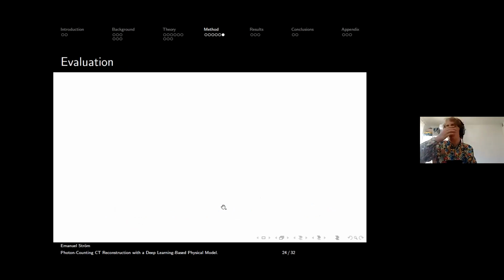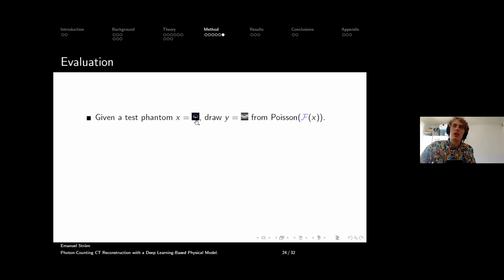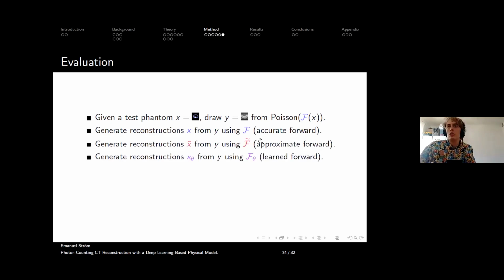Okay. And in order to evaluate this final physics model, we take some test phantom, and we do the same thing: we simulate the measurement by drawing from this Poisson distribution. And then we generate reconstructions, but not only using the learned forward operator, but also using the accurate forward operator, the one with crosstalk, and the approximate forward operator, the one without crosstalk.